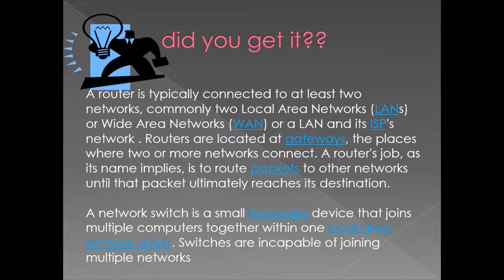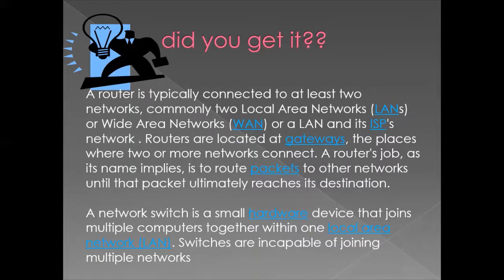A network switch is a small hardware device that joins multiple computers together within one local area network. Switches are incapable of joining multiple networks. Right? So there's the difference between router and switch.